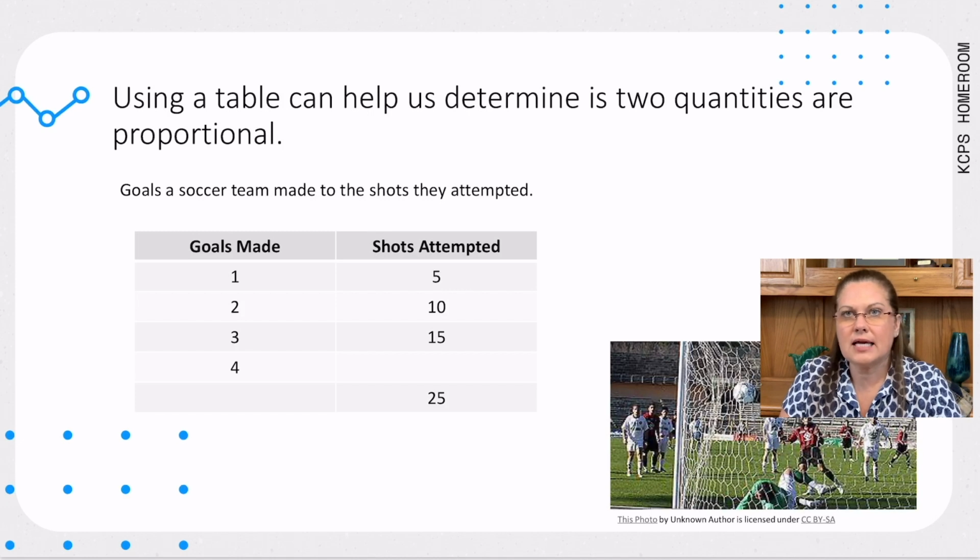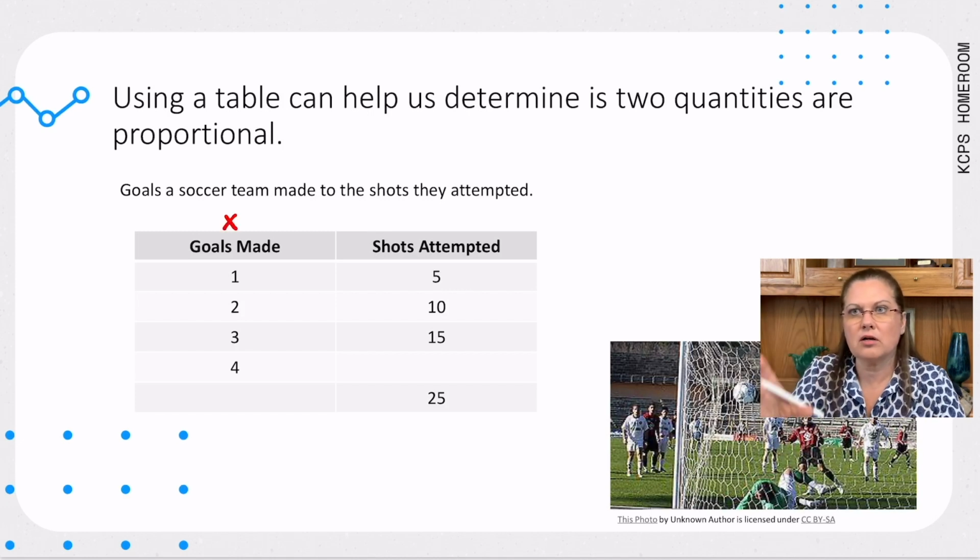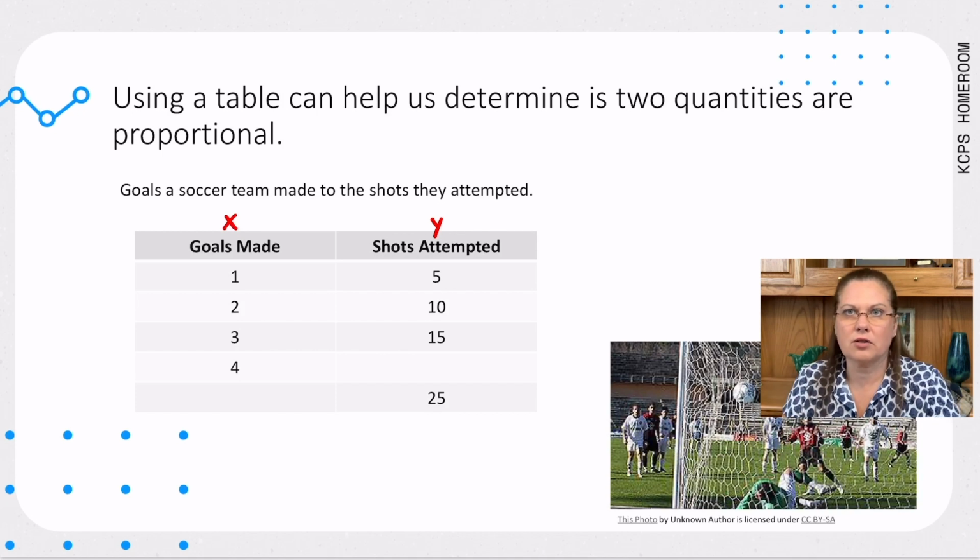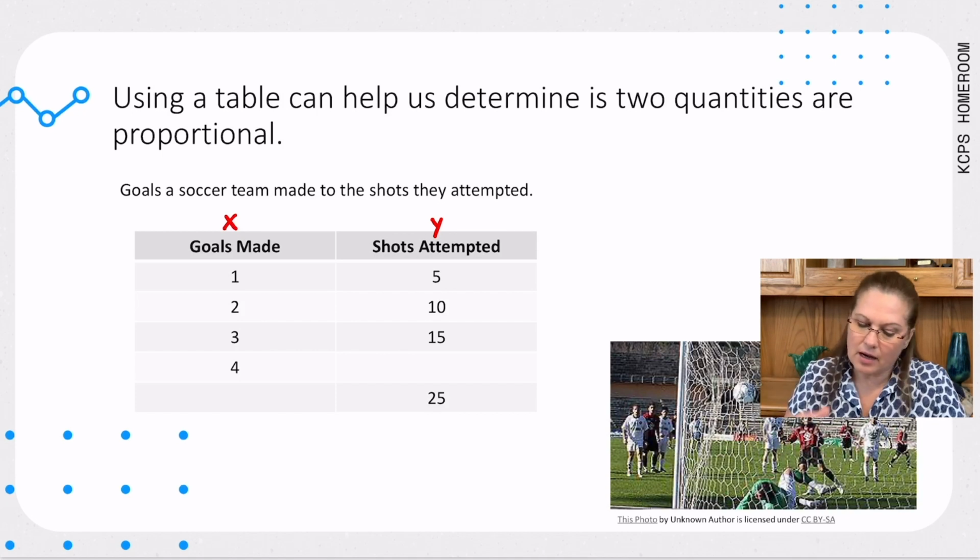When you have a table going vertically, x is always on the left and y is always on the right. When we do that, we always want to say our y value to our x value. So we're going to look for shots to goals.